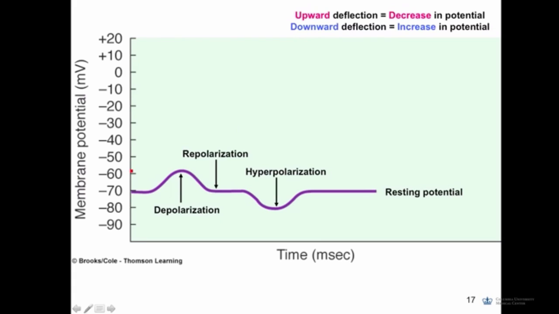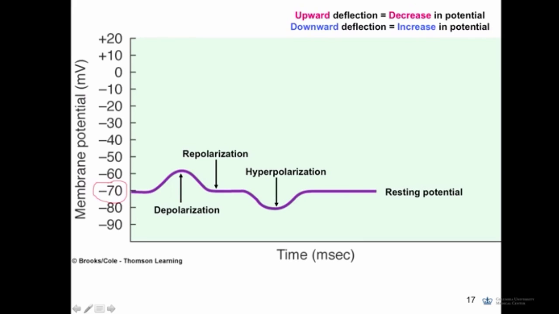So if a cell's membrane potential is sitting at -70, a non-excitable cell, any other cell in our body, has very little fluctuation in membrane potential. The membrane potential doesn't change all that much compared to resting. However, excitable cells have large fluctuations in membrane potential that create that electrical impulse, that action potential.